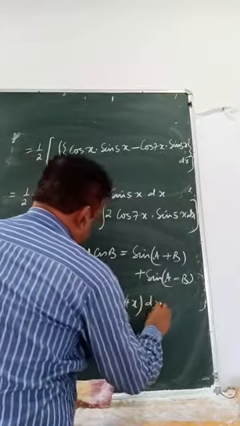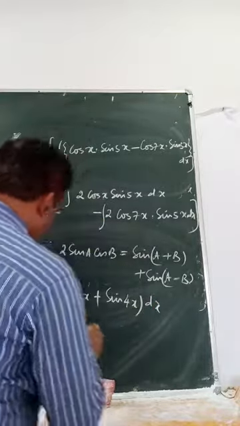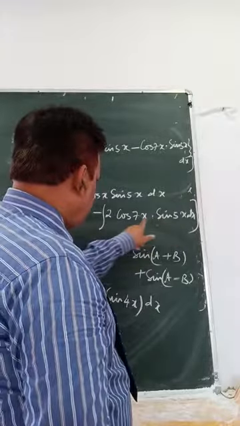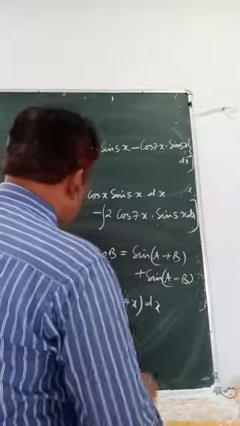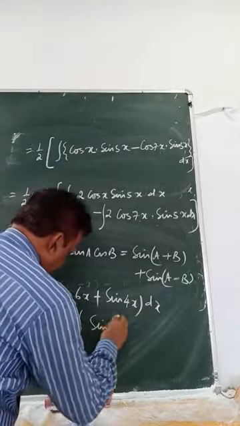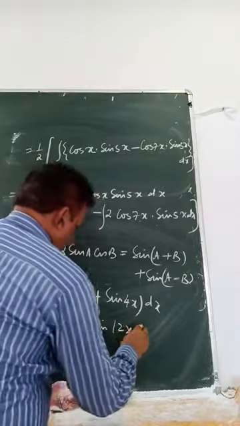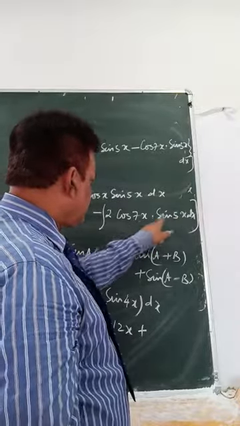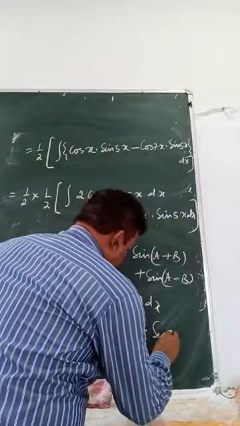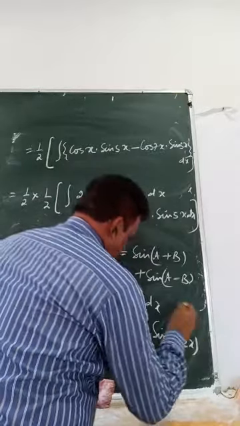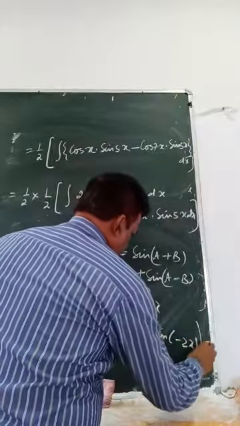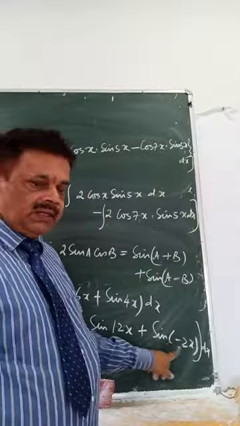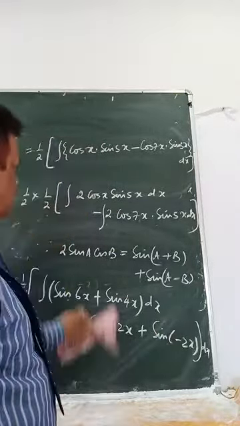This part is done. Come back to this part. Minus sin(a plus b), sin 12x, plus sin(a minus b), 5x minus 7x, minus 2x. Okay, this is the formula here. Only this part: sin of minus theta is minus sin theta.